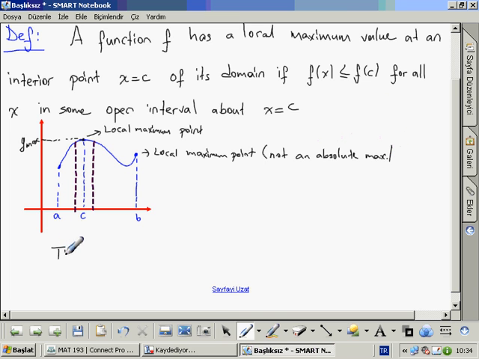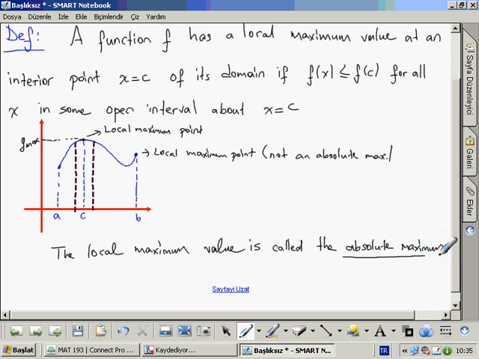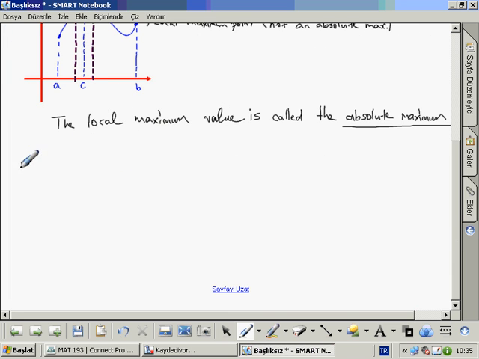A local maximum value is called the absolute maximum if the interval about x equals c covers all the domain of the f function.